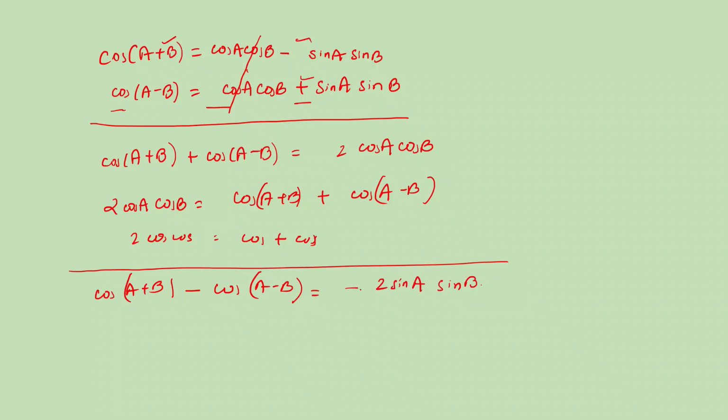So what we can do, we adjust this minus by changing the signs everywhere. So we make this plus, we make this plus, we make this minus. We can multiply with a negative one on both sides. So throughout the equation we multiply with a minus 1. So what we have is effectively cos a minus b minus cos a plus b is 2 sine a sine b.